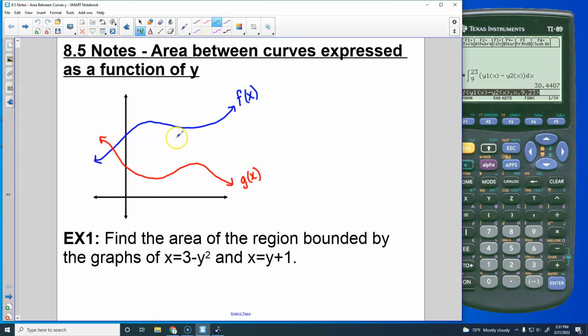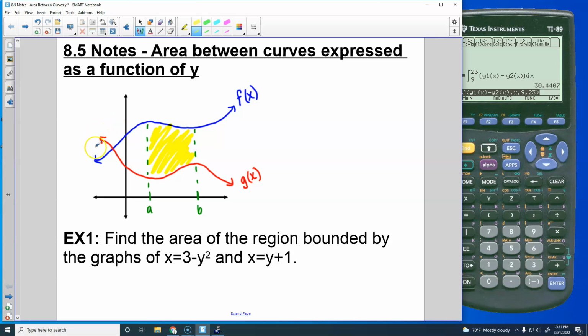What we were doing yesterday is going from A to B, subtracting. If we wanted to find the area under the curve here, we would just integrate F minus G. That would give us that yellow area there.